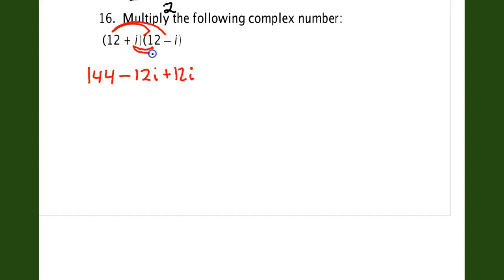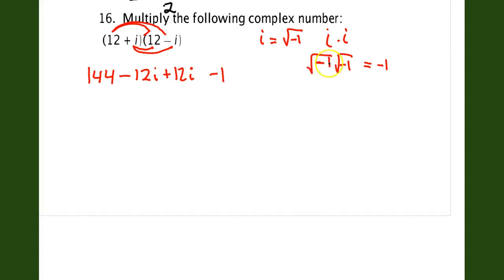And then i times i is going to be negative 1. Okay, i times i. Remember, i equals square root of negative 1. So i times i is just root negative 1 times root negative 1, which, like any other number, if you multiply a radical by the same thing, right, you just get whatever's inside.